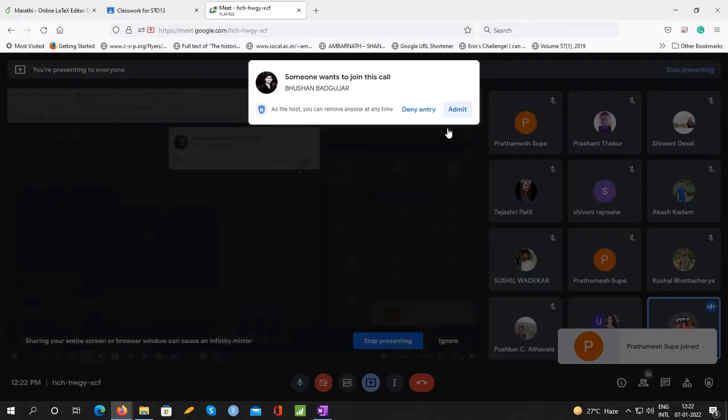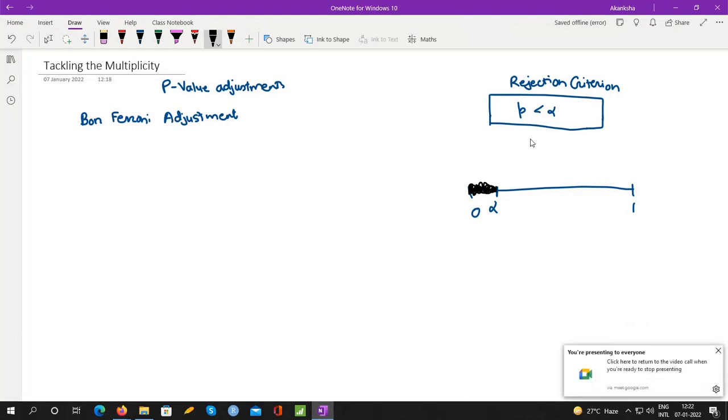Now if I want to talk in terms of p values, suppose I have 100 p values, p1, p2 up to p100, each corresponding to one null hypothesis, and I want to reduce the count of significant p values. Should I scale them up or scale them down?